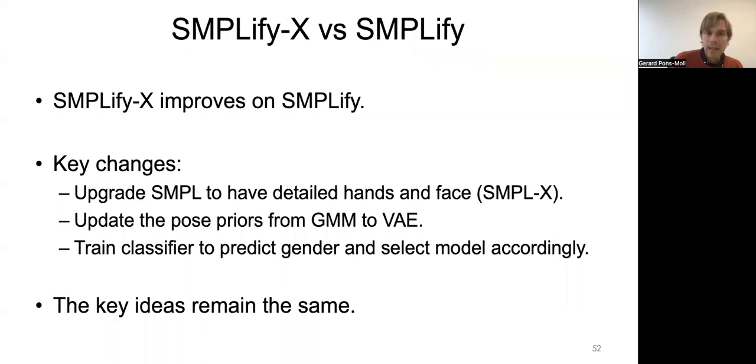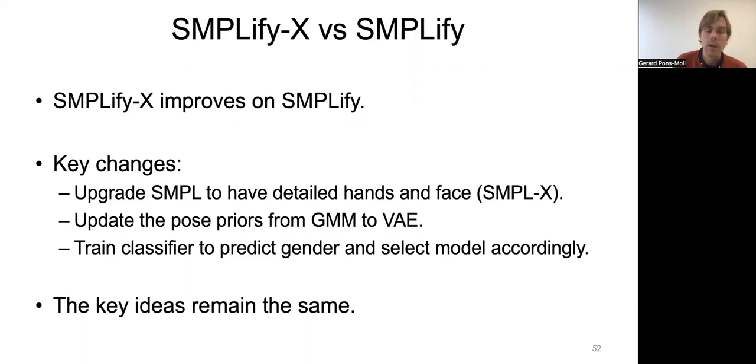SMPLify-X is an extension of SMPLify, and it upgrades the SMPL model to have detailed hands and face, and it updates the priors from using a mixture of Gaussians for the pose to a variational autoencoder. It also trains a classifier to predict the gender from the image and select the model accordingly.